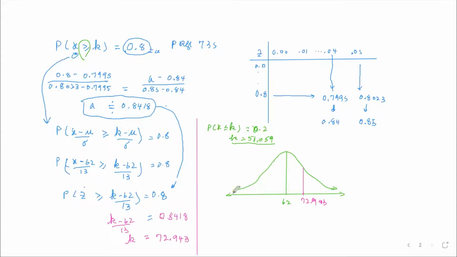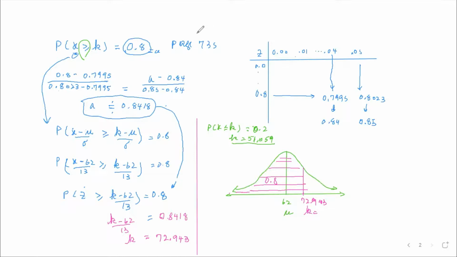That means from the left end, we always lead the area from the left end, up to this K. This is the K value here, and 62 is the X bar or mean, mu.